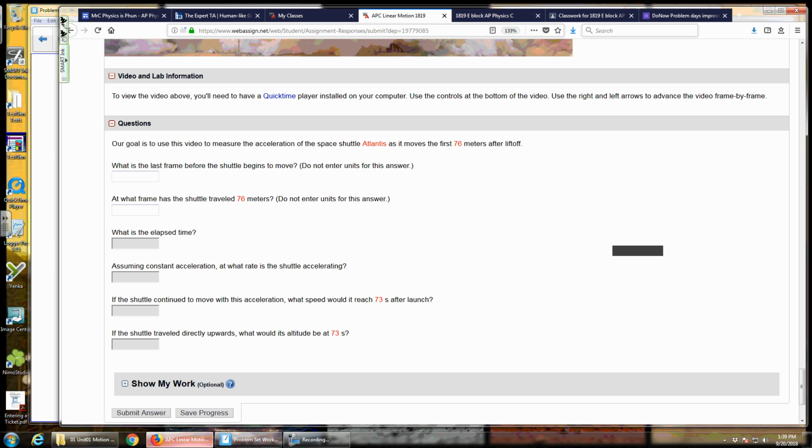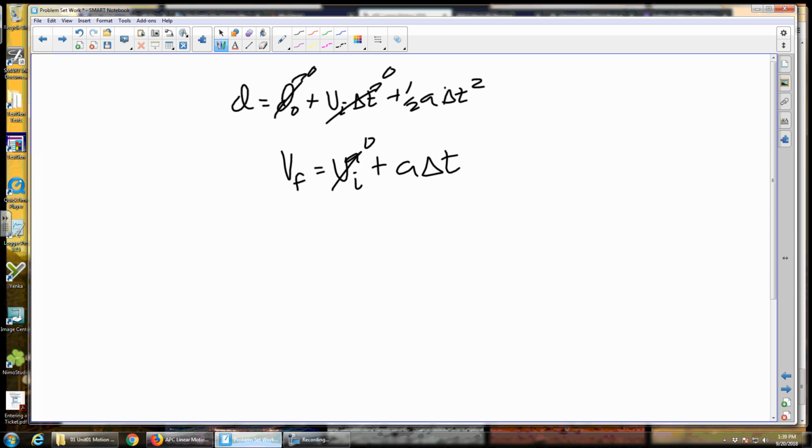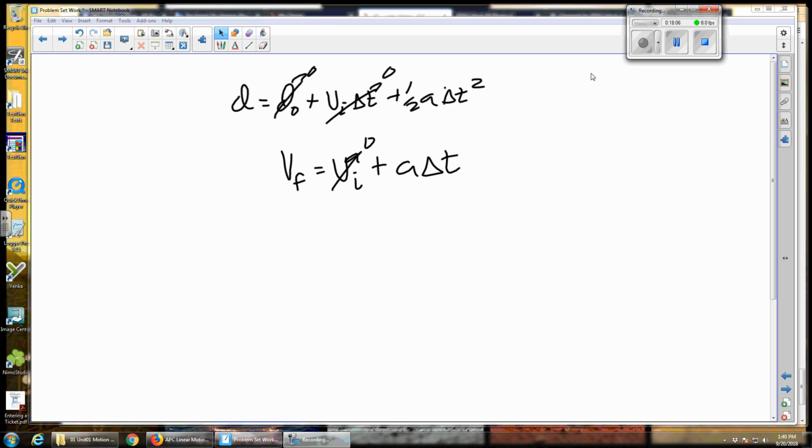And then what would its altitude be? It's saying go back and use this one. Yeah. Cool.